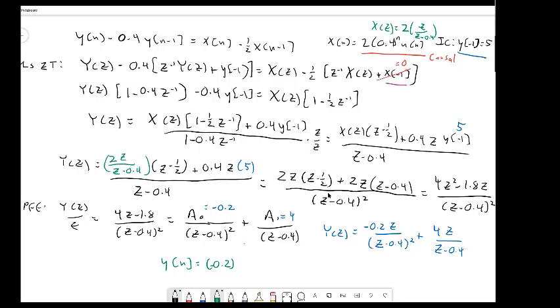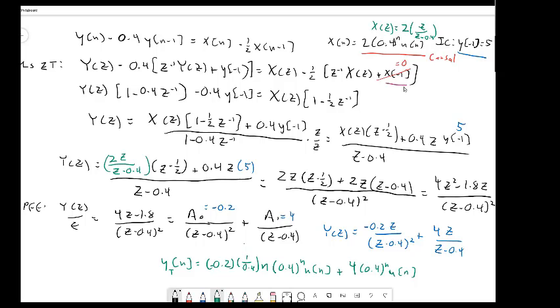We're going to need a 1 over alpha in there, then n times 0.4 to the n u of n. That's the inverse transform of this first term. And this term gives us a 4 times 0.4 to the n u of n. That's the total response of the system, including zero input response and zero state response.